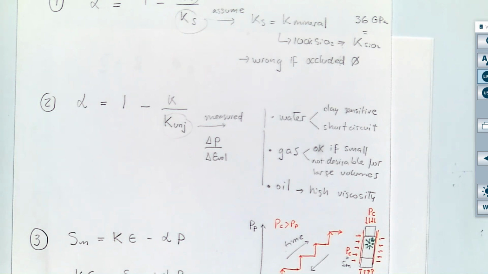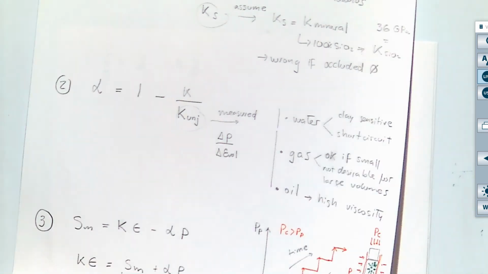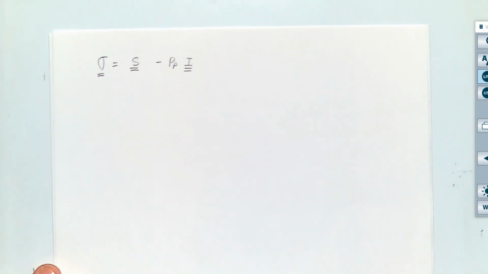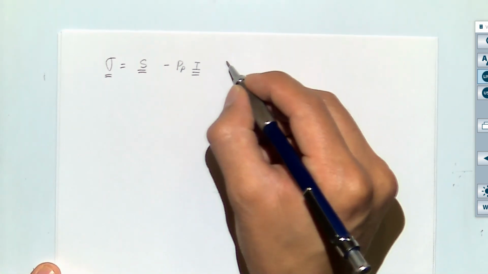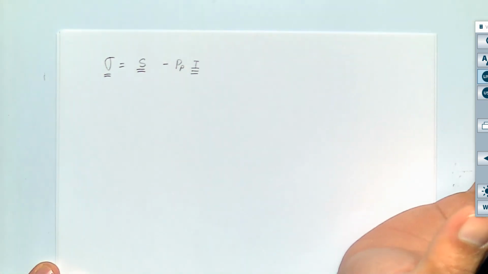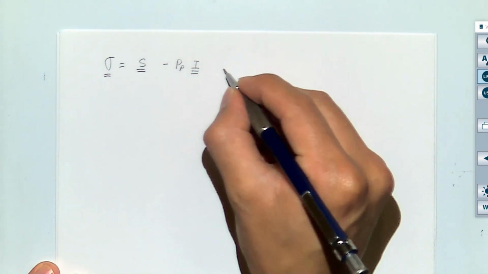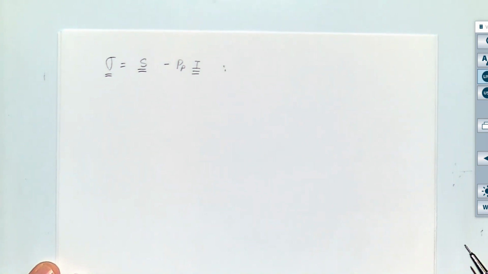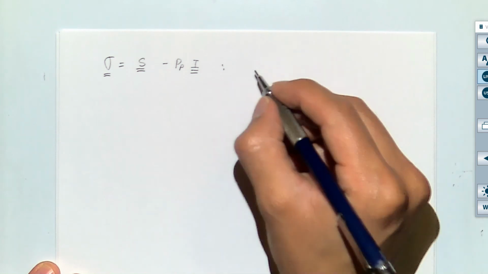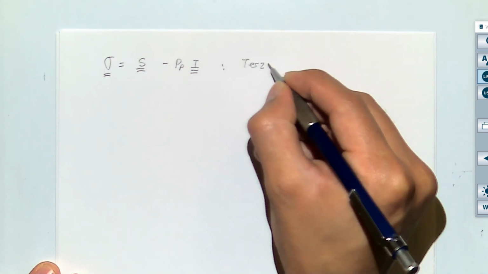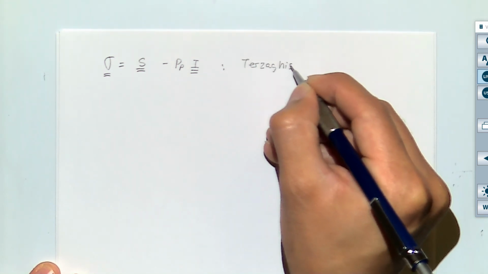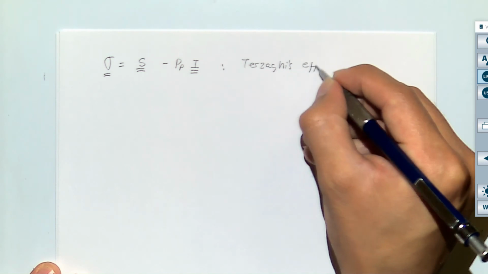All right, so I was here. Then we said that if we calculate effective stress simply by subtracting pore pressure from total stress, that's what is called Terzaghi's effective stress.